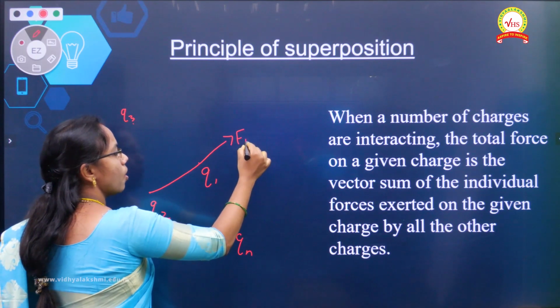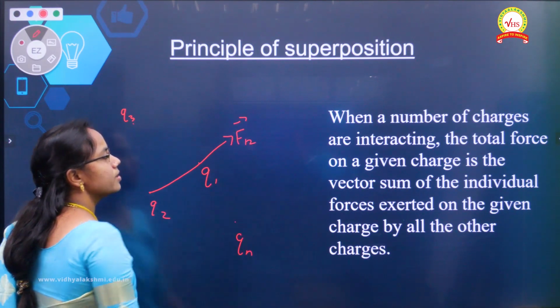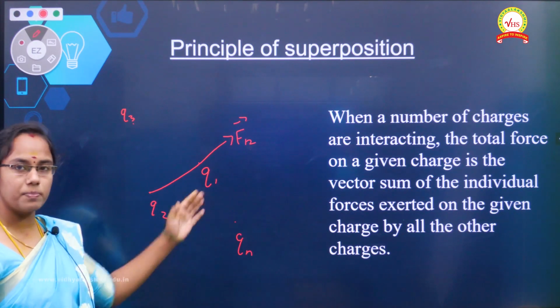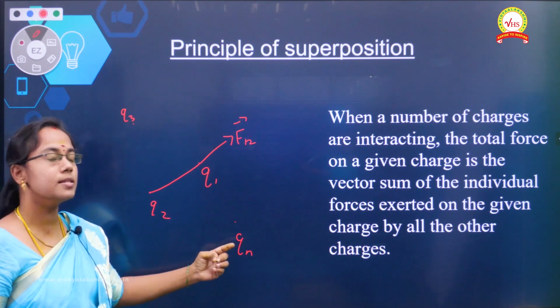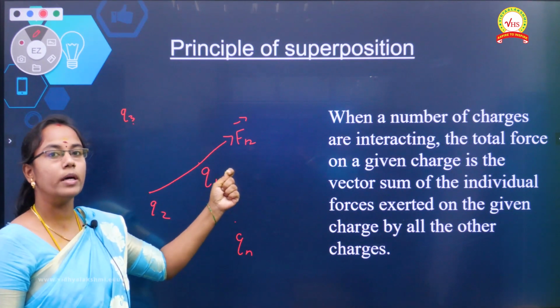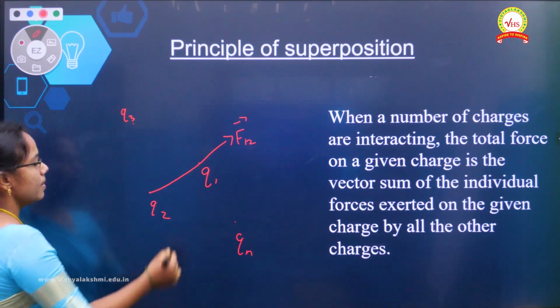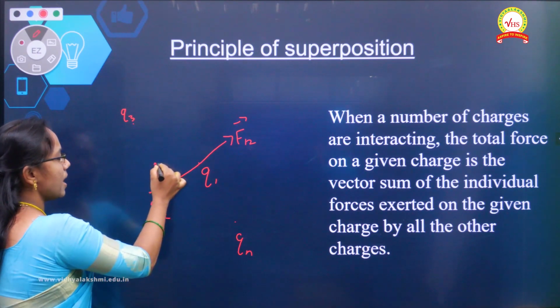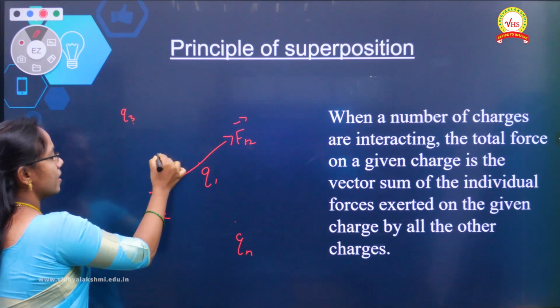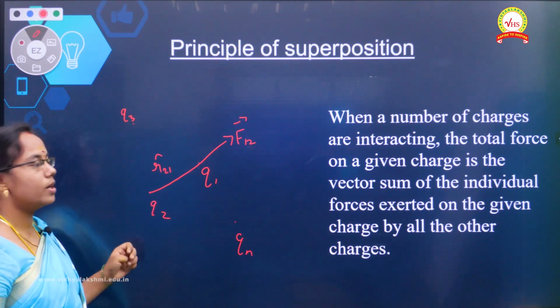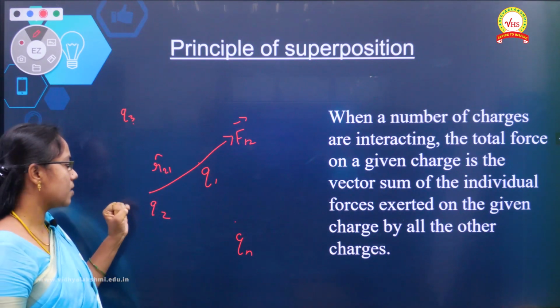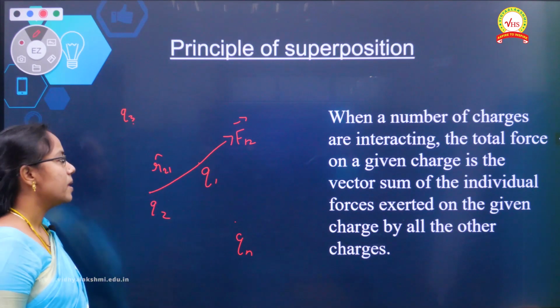I am considering all to be positive charges, so F12 is going to be a repulsive force. F12 represents the force on charge Q1 due to Q2, and its direction can be identified using the unit vector R21 cap. R21 is the unit vector directed from Q2 to Q1.